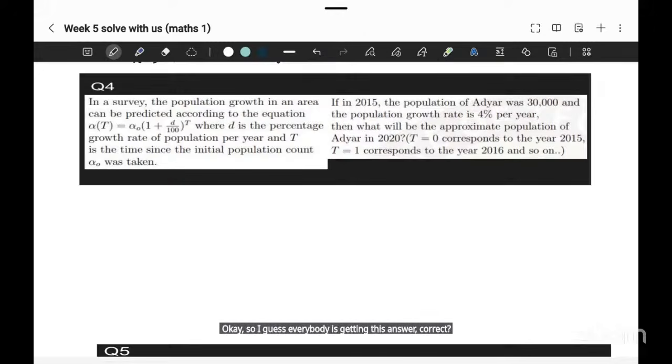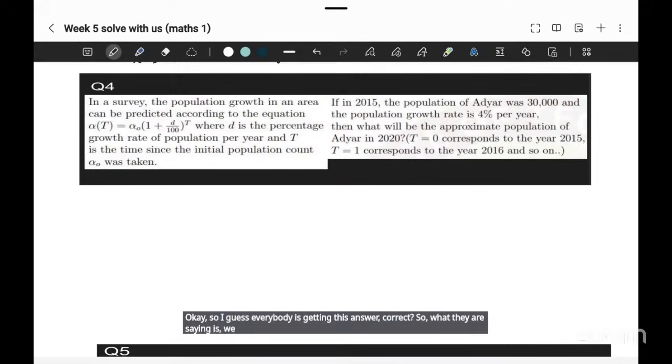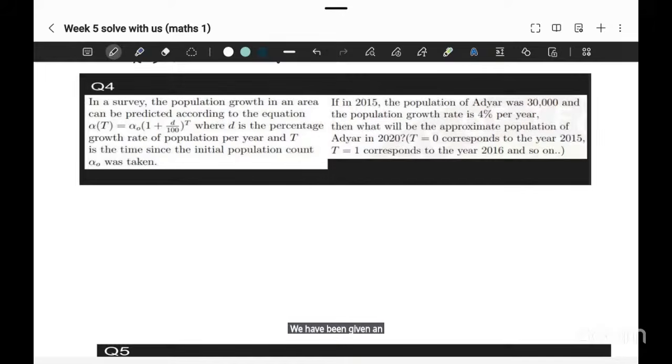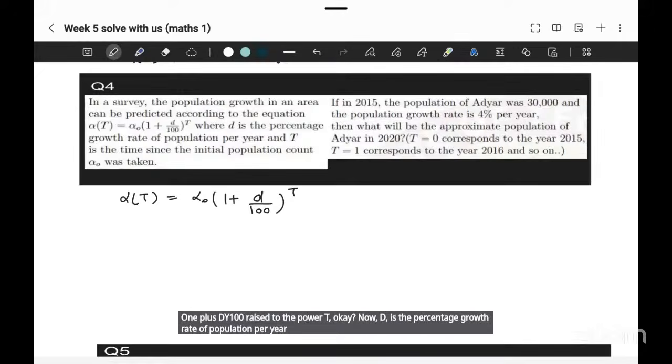So what they are saying is, we have been given an equation of a growth model, which is alpha t equals alpha naught times (1 plus d by 100) raised to the power t. Now, d is the percentage growth rate of population per year, and t is the time since the initial population count alpha naught was taken.